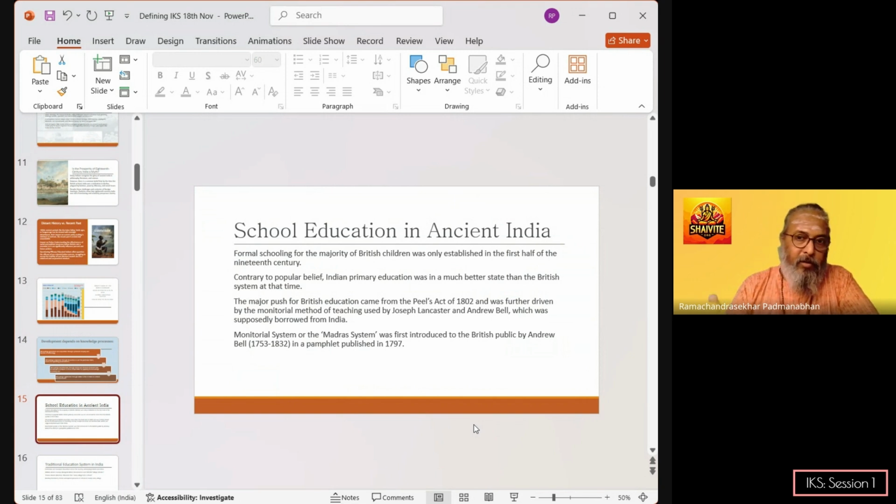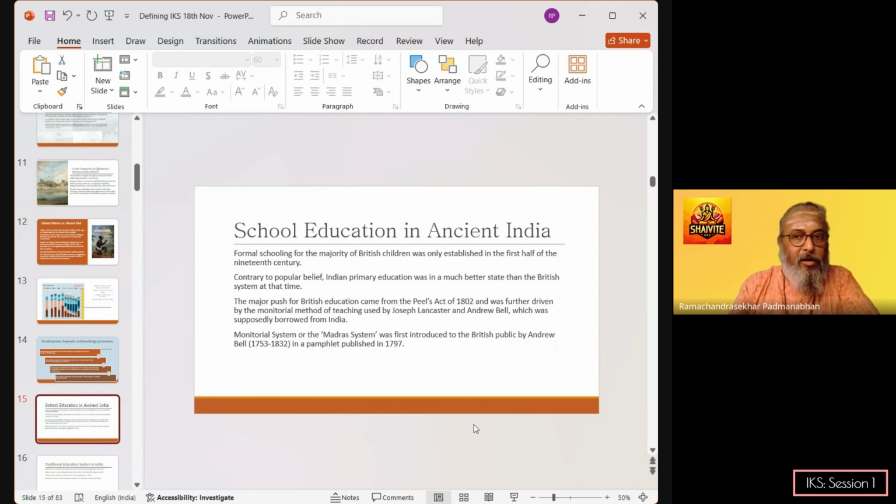Finally, it was Andrew Bell who studied the Madras schooling system, called Thinnai Pallikudam in Tamil. This Madras system was studied in detail by Andrew Bell, and he published a pamphlet in 1797, which was tabled in the British Parliament, and it was adopted.